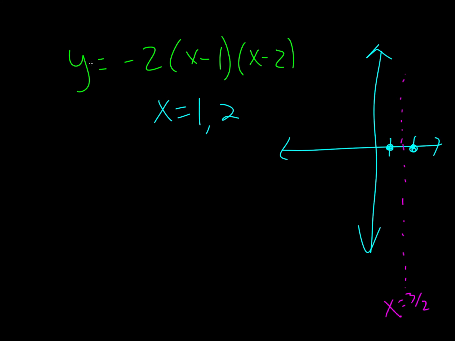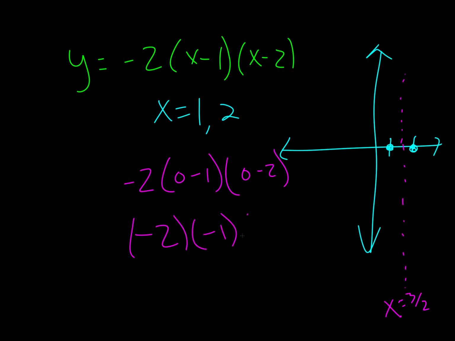And then we need to find the y-intercept. So we plug in 0 for the x's into the green equation. So that's negative 2 times negative 1 times negative 2. And so that's going to be negative 4. Like that.